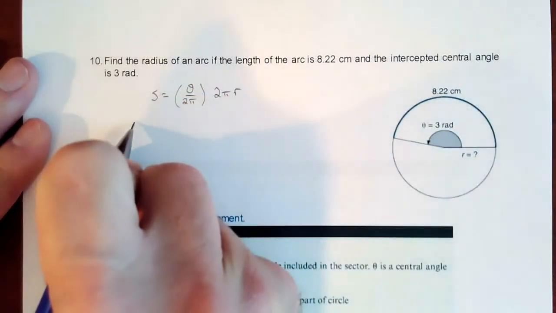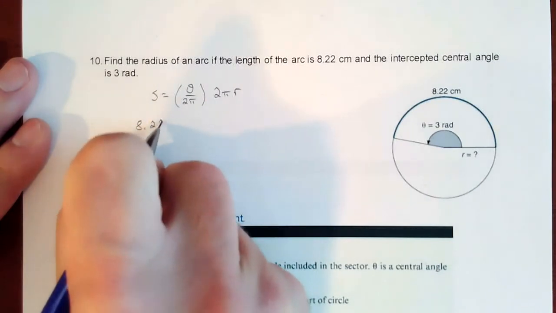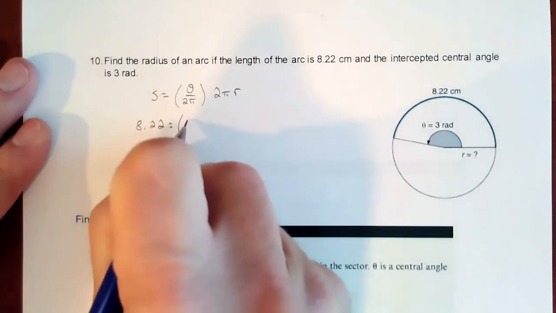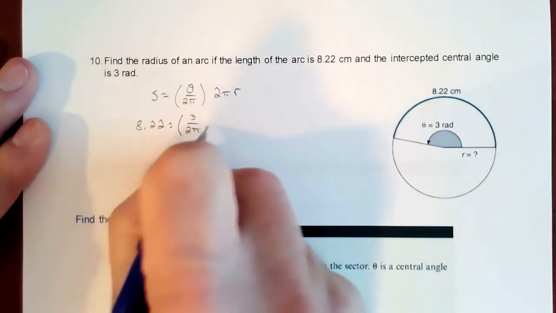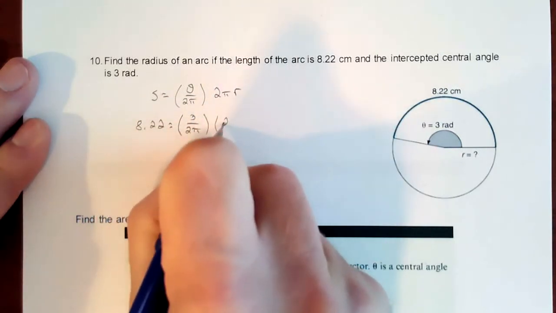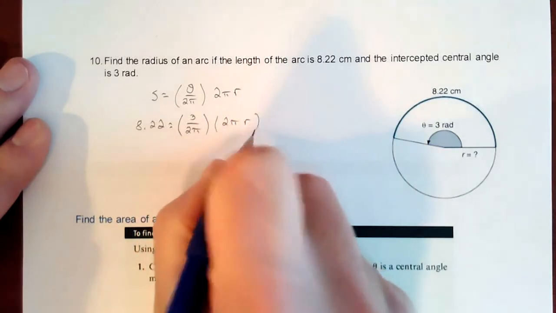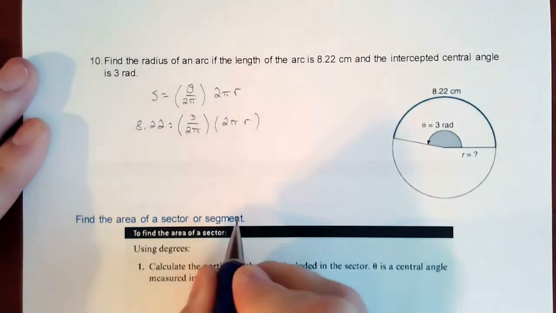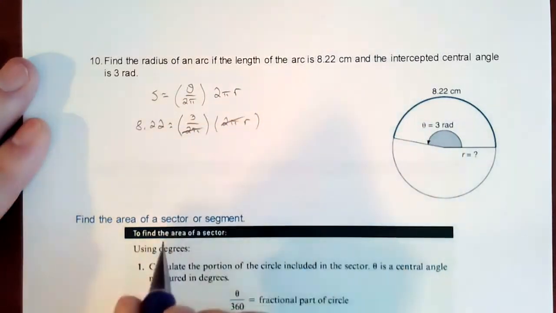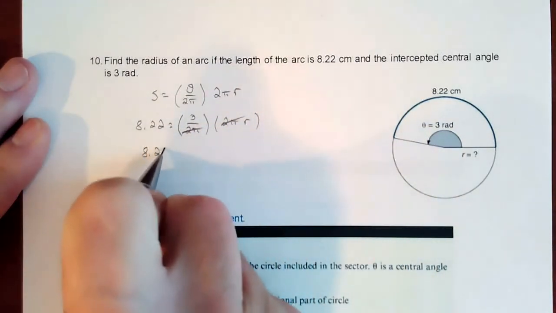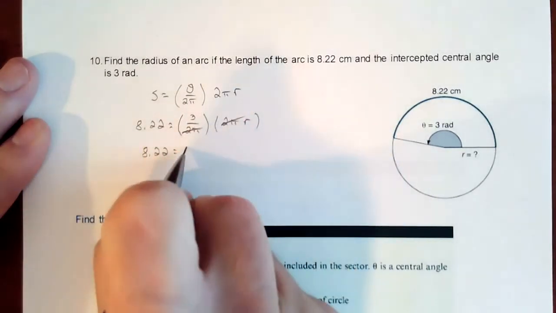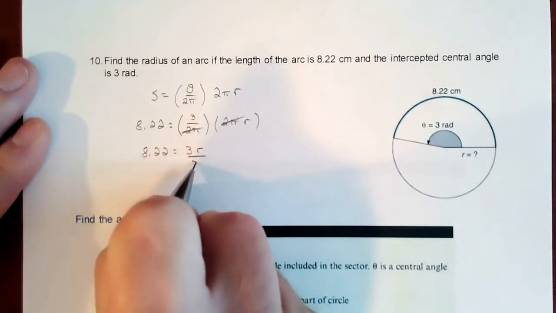We know the arc length is 8.22. We know the angle is 3 over 2 pi times circumference. We just don't know the radius this time, so we're solving for r. Again, the 2 pi's naturally cancel out, which is perfect. You have 8.22 equals 3r, divided by 3.